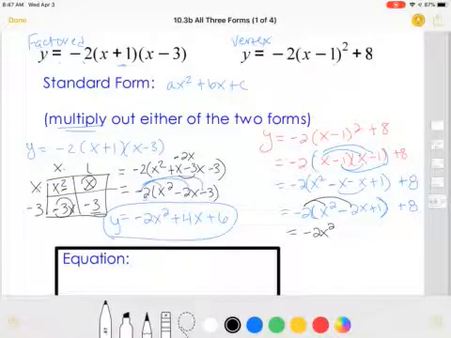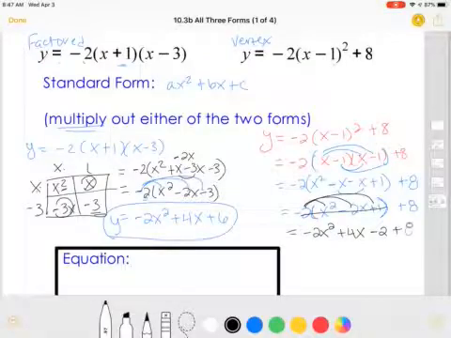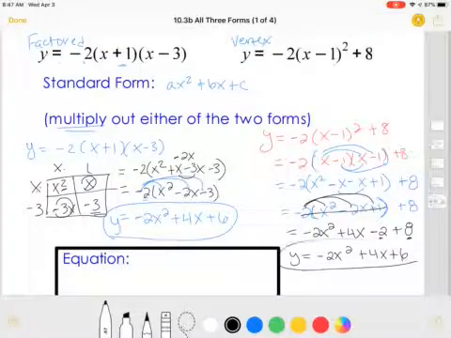Negative 2 times negative 2x, right? Our negatives cancel out, so we get a positive 4x. Negative 2 times positive 1 is negative 2. Now our parentheses are gone, and we still have that plus 8 tagging along at the end. Negative 2 plus 8 is positive 6. So y equals negative 2x squared plus 4x plus 6.